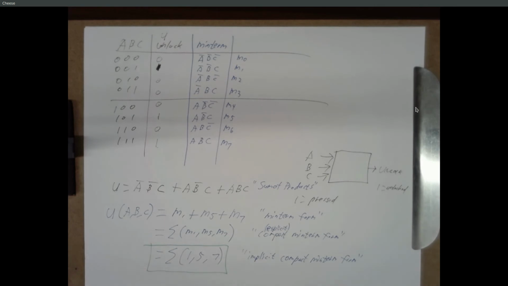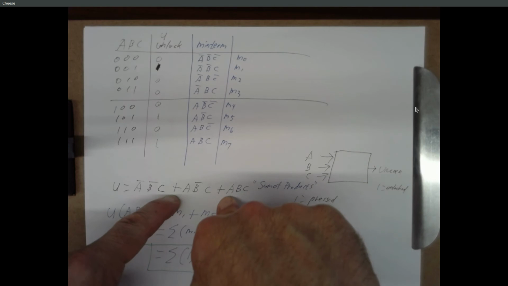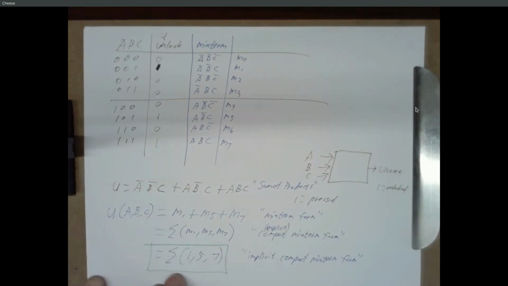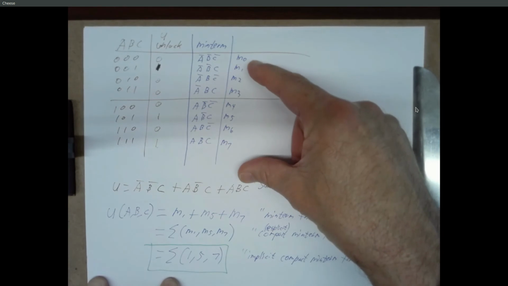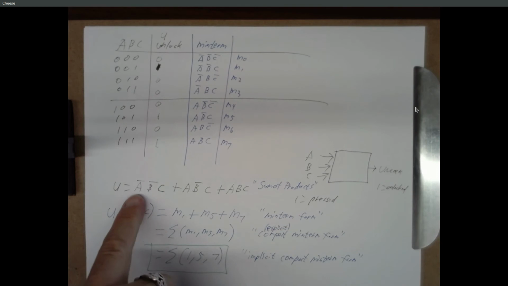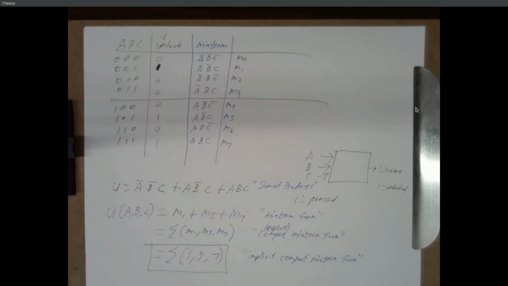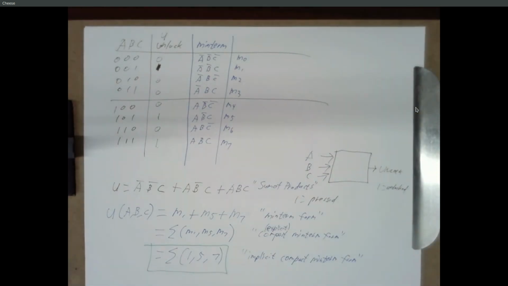So it takes some work still to understand that this means that, but to somebody who understands compact minterm form, this completely specifies the truth table. And so that's a huge time saver. And it's also less error prone, because once you start writing these things out, you're going to make mistakes. There's going to be typos, right? This is very clear, rows 1, 5, and 7, unless you miscount.